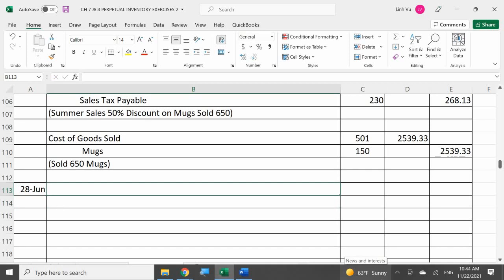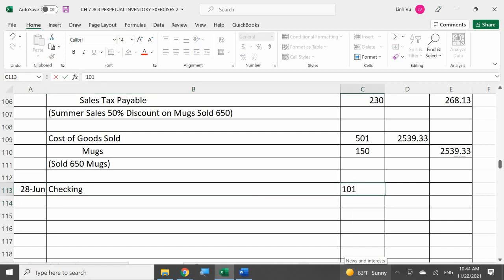So what happens when you pay with a Visa credit card? Would it be considered checking? Correct. Usually when you do credit card transactions, you should be able to wire it directly to your bank account. So it's going to go straight to your checking account, which is 101.